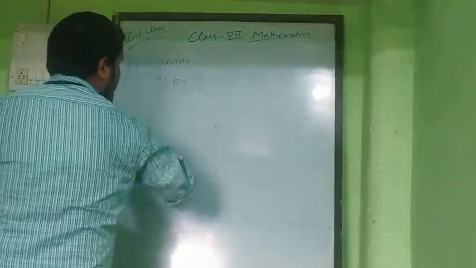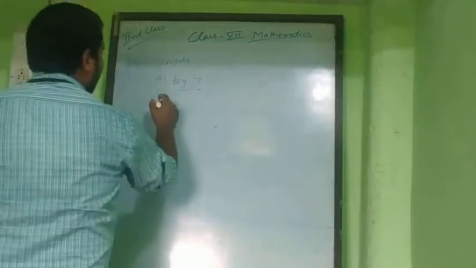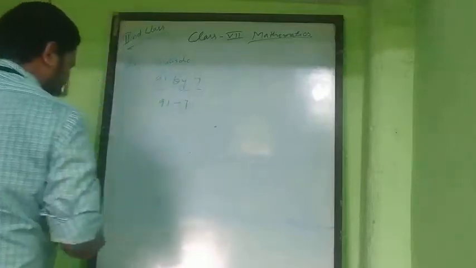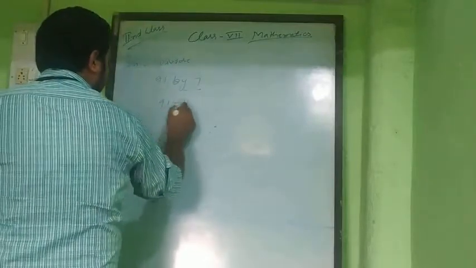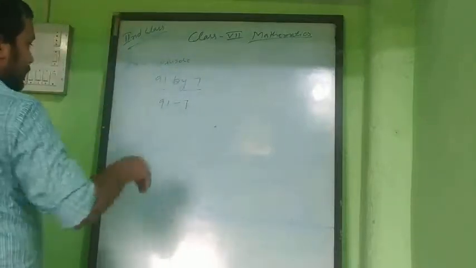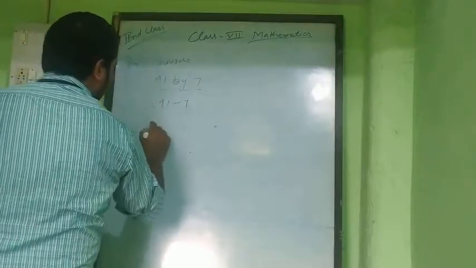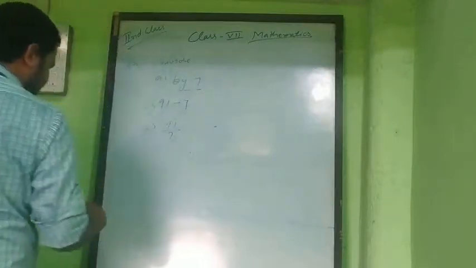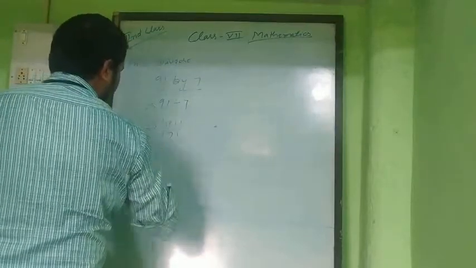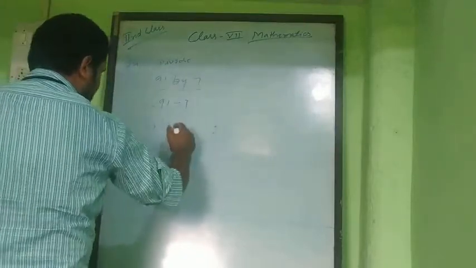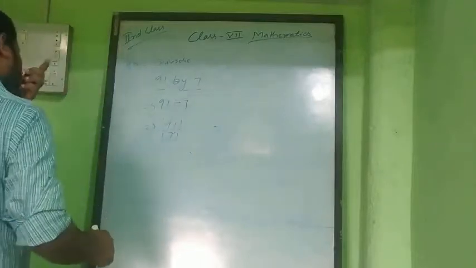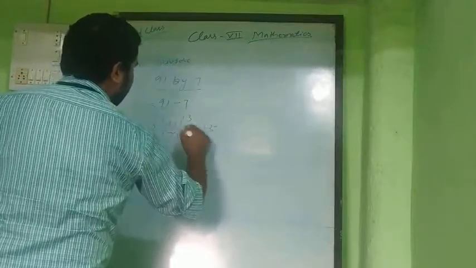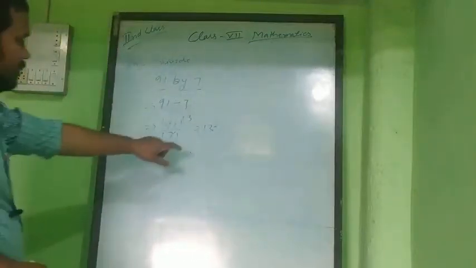This 91 by 7 can be written in the form of 91 divided by 7, and this can be written in the form of 91 upon 7. Now 7 times 13 is 91. That is, 13 is the answer.